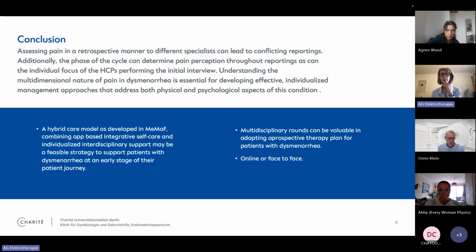So understanding the multidimensional nature of pain and dysmenorrhea is essential for developing effective individualized management approaches that address both physical and psychological aspects of this condition. So a hybrid care model as developed in MEMEF, combining app-based integrative self-care and individualized interdisciplinary support, may be a feasible strategy to support patients with dysmenorrhea at an early stage of their patient journey.